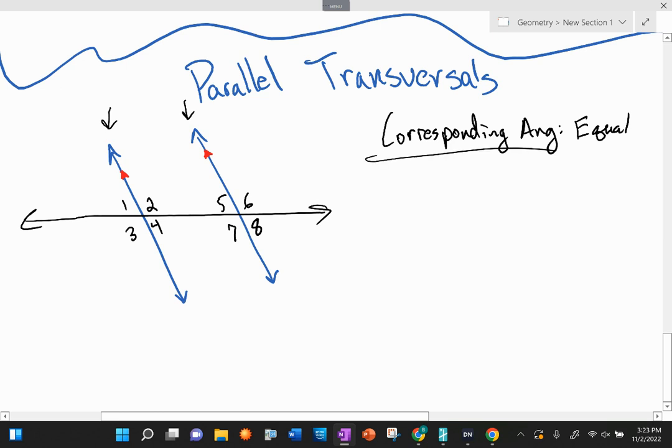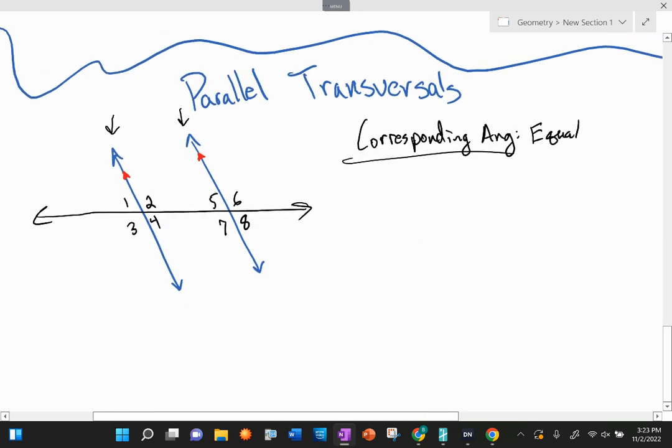Okay, so corresponding angles will be equal to each other, which means angle 1 will equal angle 5. Yes. Okay.